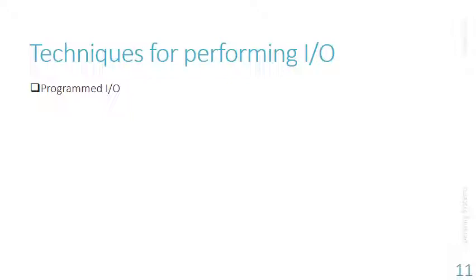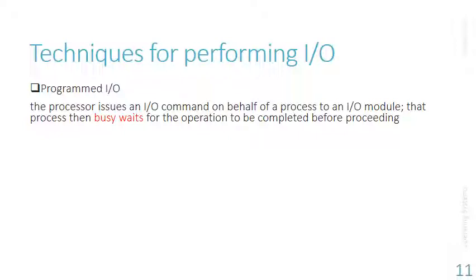Fair enough? Let's imagine that you're expecting an input from the user, from the keyboard. The process will check every now and then, with a defined period of time, whether the user has indeed pressed a key or not yet. Fair enough? So this is what we call a busy wait.